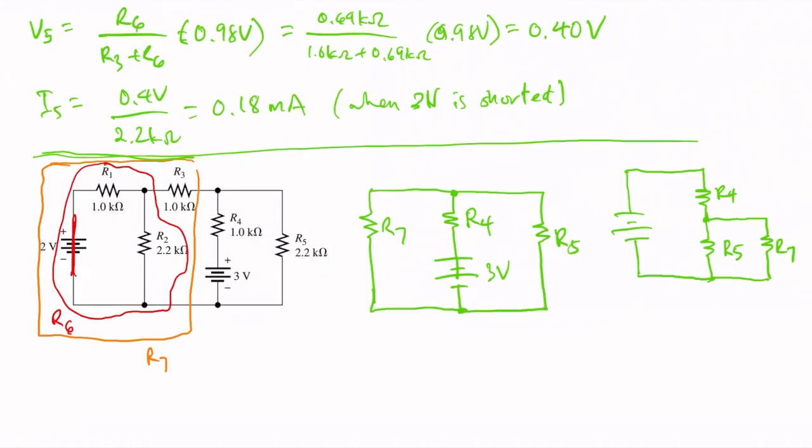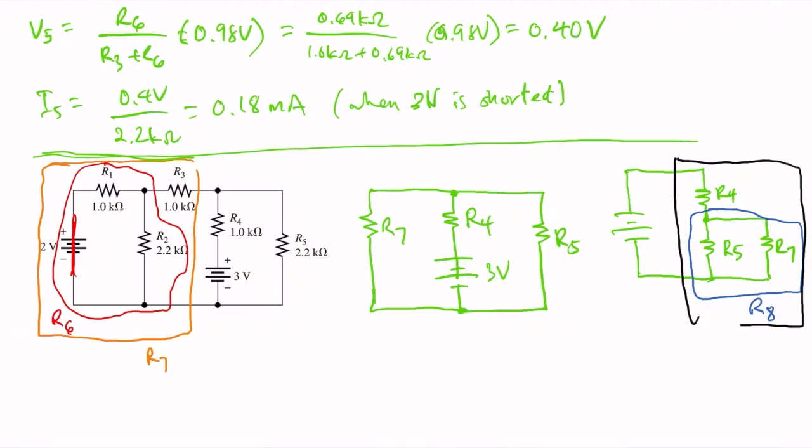So the next step would be to simplify R5 and R7. This is going to be our R8. Finally, we have our R9, which is just the sum of R4 and R8. Okay, so now that we have that figured out, let's solve for R9.